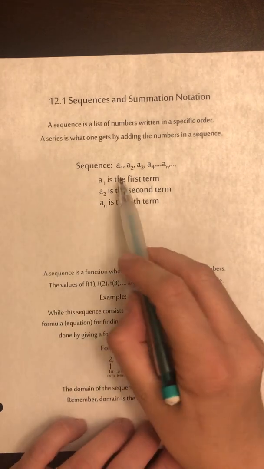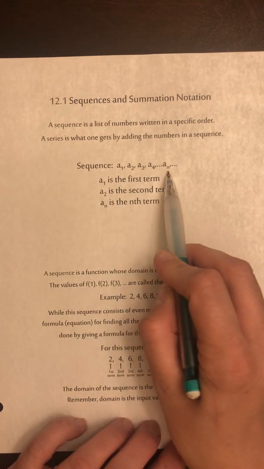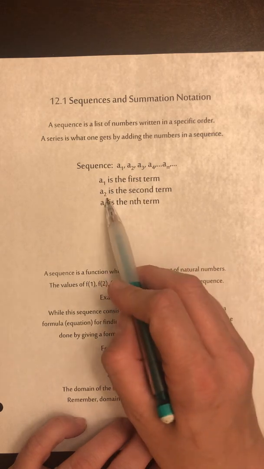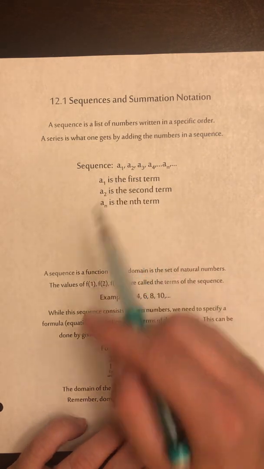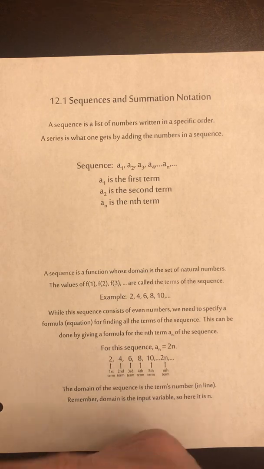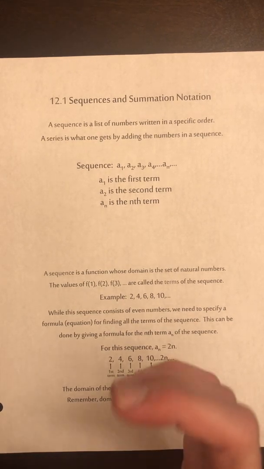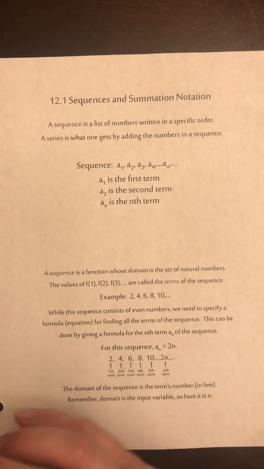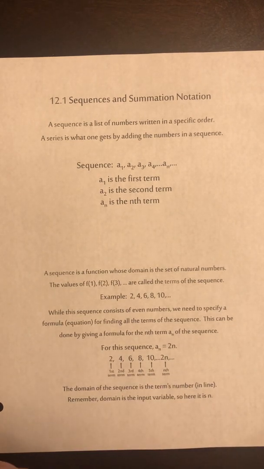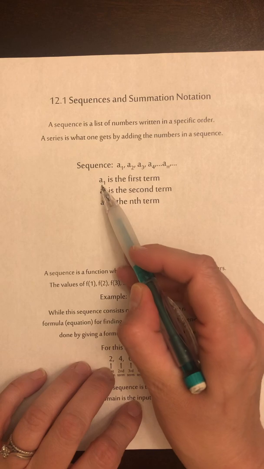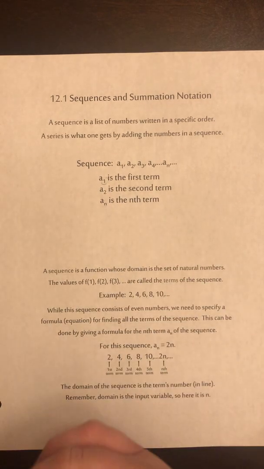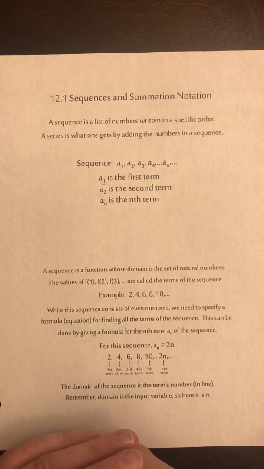So here, this is what a sequence would look like. A sub 1 is the first term, A sub 2 is the second term. I'm saying A and then sub, S-U-B, and then 1, because the 1 is called a subscript. Anytime you have that little tiny number or letter written at the bottom, it's a subscript.